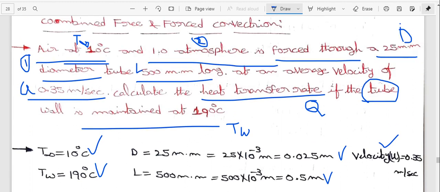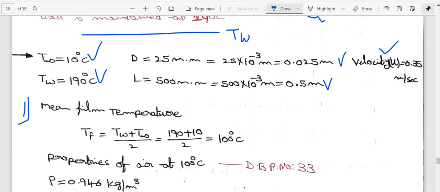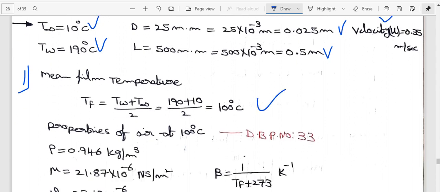First of all, this is a forced convection problem. So this is air at 10 degrees and 1.0 atmosphere, forced. These are the two conditions. I am considering a mean film temperature of 100 degrees.